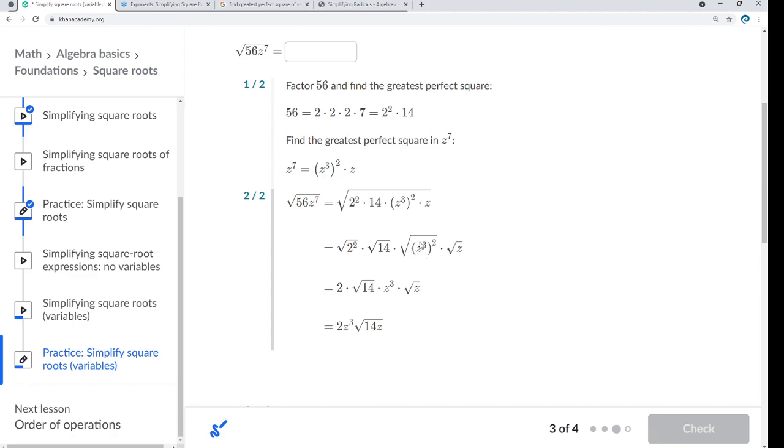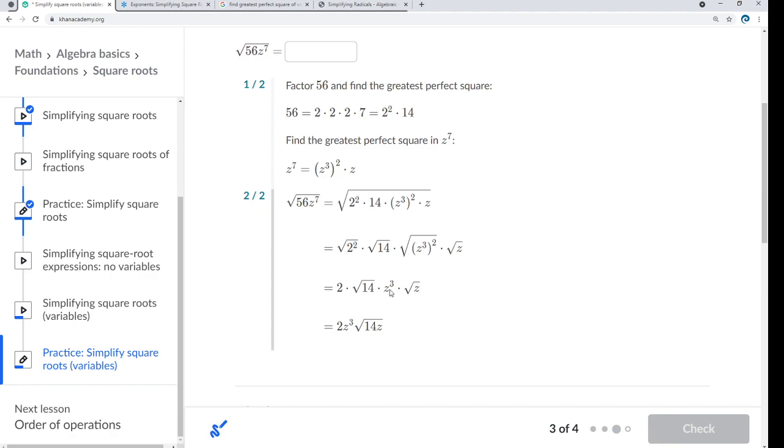Yeah, so this is interesting. This is really interesting because they're squaring this, but I guess just the variable is screwing me up somehow. Because obviously the square root of something times itself is going to be that thing, right? So that's what's happening here. So this is z to the third power raised to the second power, and then we're getting the square of that, which is obviously just going to be z to the third, and then that is multiplied by the leftover z.